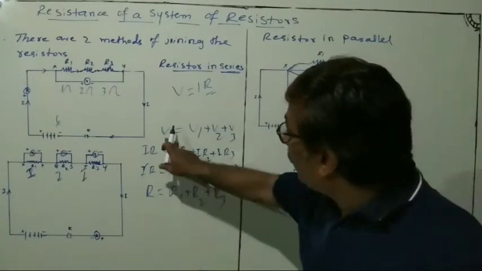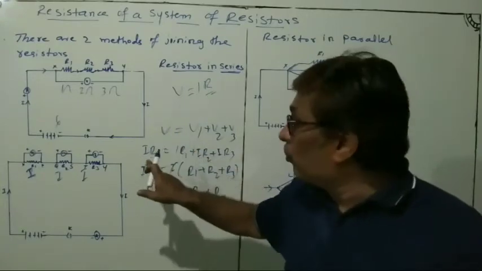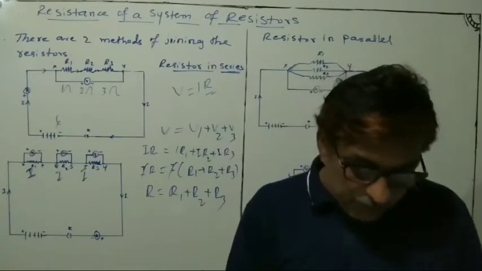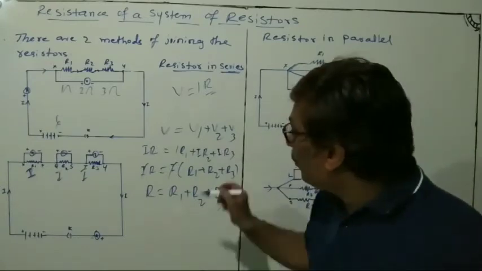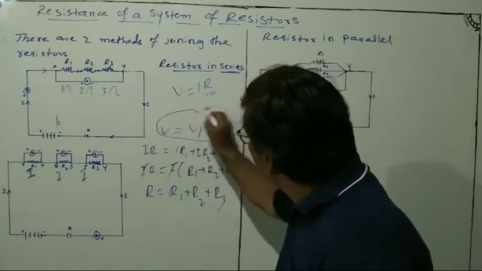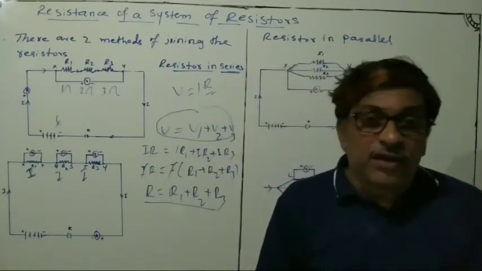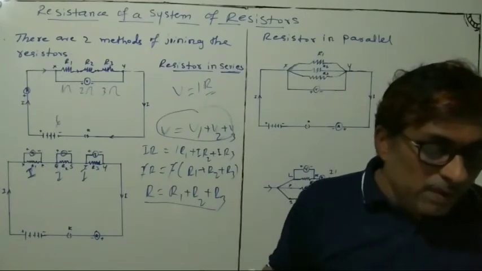The potential difference is equal to the sum of V1, V2 and V3. You have to remember this.